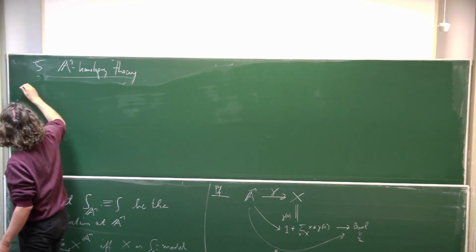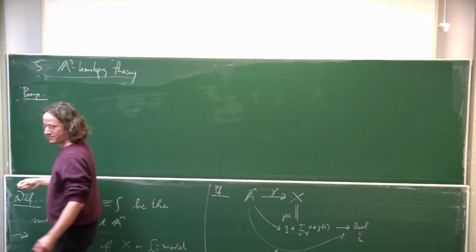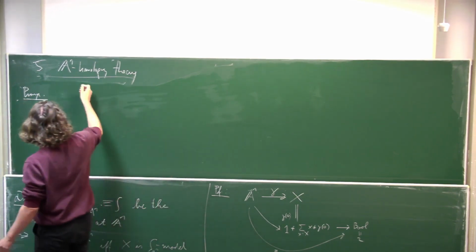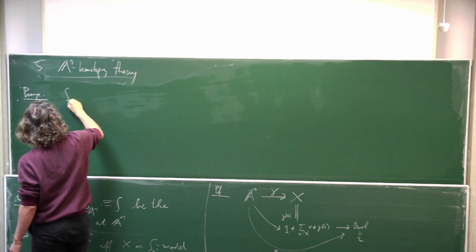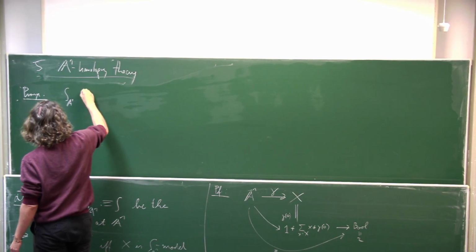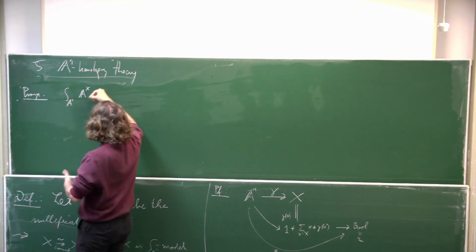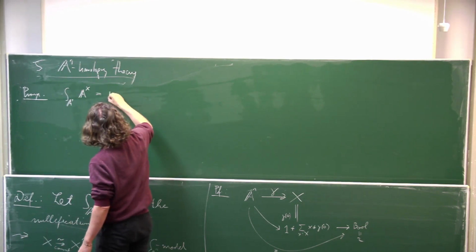And yeah, something that is different, which was already explained somewhere, I think, is that A1 minus zero is not rigid, or G_m if you want, but it's almost.